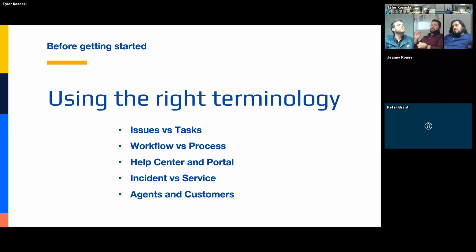Throughout this presentation I've actually used both of these words, and agents is one that trips people up a lot, which is just your users who are actually inside the Jira Service Management project taking the requests and completing them, whereas your customers are the ones who are submitting the requests into the system. Do you guys have any terminology differences that you've seen used in your different projects?